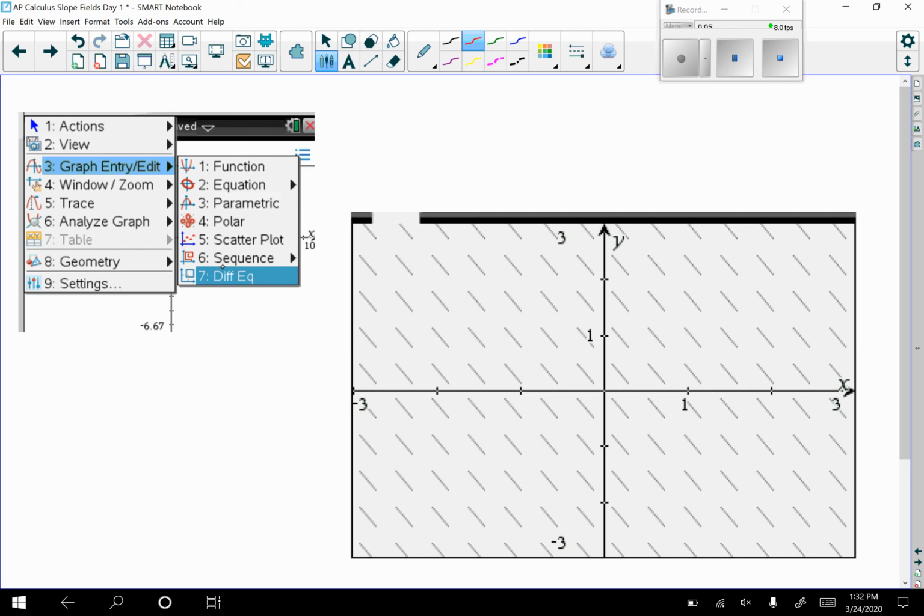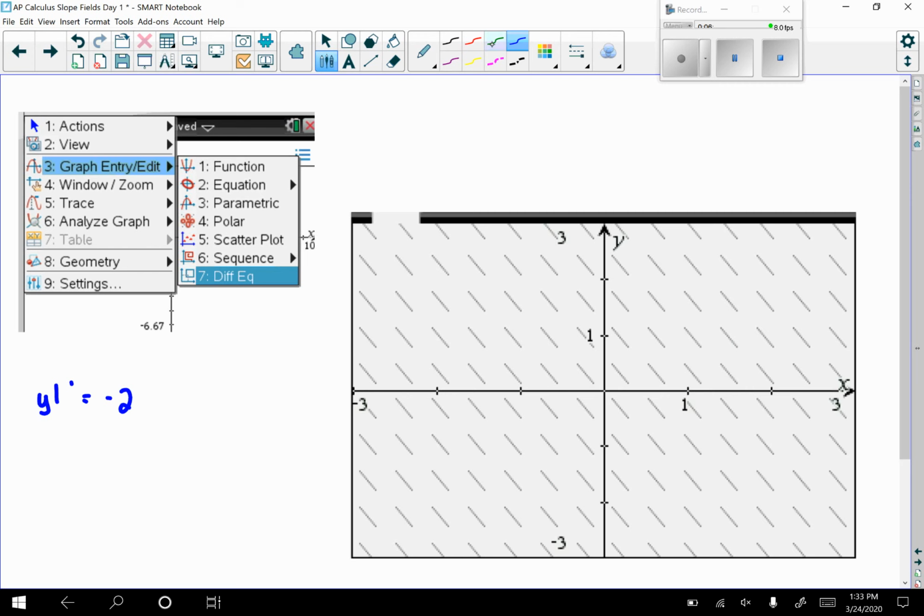Now remember, what it's going to show you here is in one box you have a y1, and then it actually has a prime outside of the box. So this is where you just want to type in -2. We don't have to type in anything else. And if you notice, this is what you should get. Because of the orientation of the window here, that looks a little more slanted than what we're looking at, but this is what we ended up typing in as well.